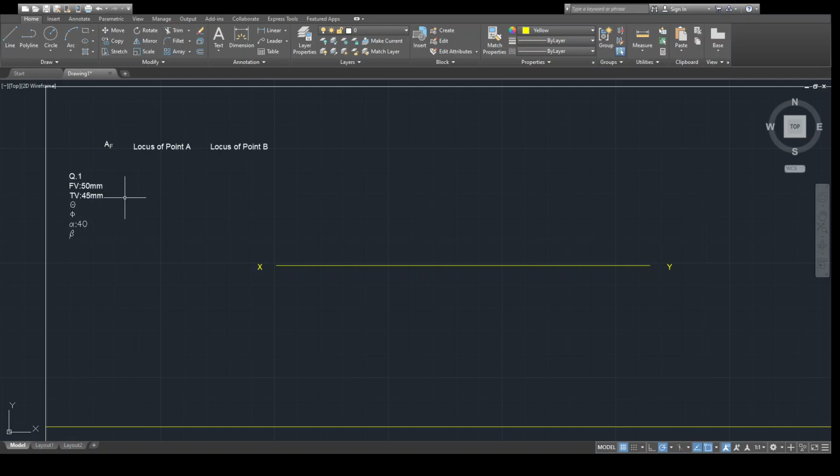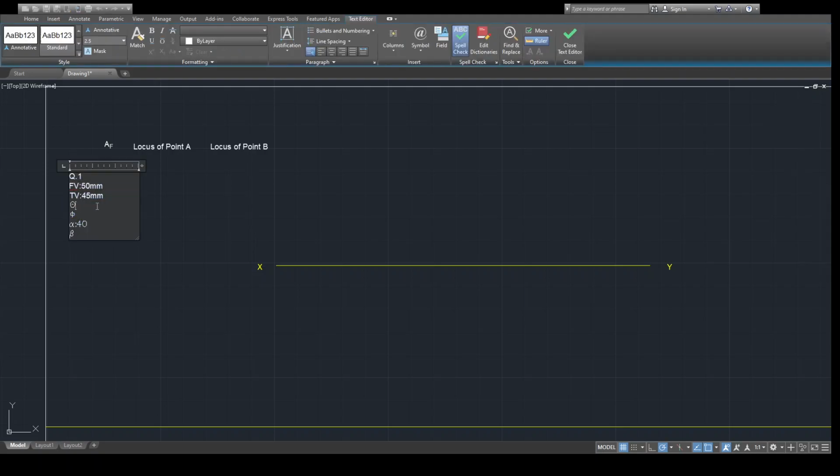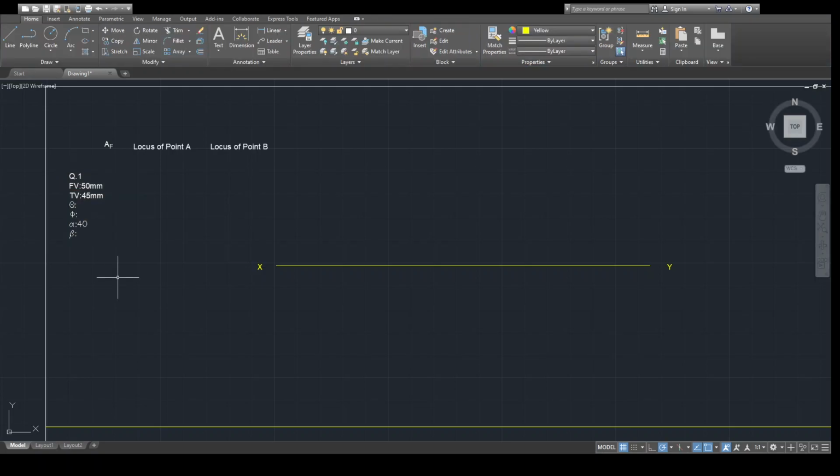Theta, phi and beta need to be determined. Theta is the angle made by the line with respect to the horizontal plane, whereas phi is the angle made by the line with respect to the vertical plane, and beta is the top view inclination of the line. So remember, alpha and beta are the apparent inclinations, whereas theta and phi are the true inclinations.